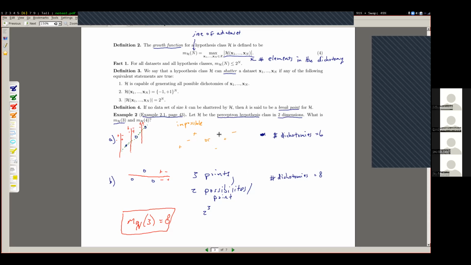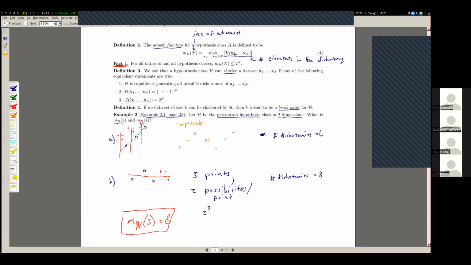Okay, then a fact right here, something that we're not going to prove formally, but something that you should keep in the back of your mind, especially for true-false sorts of questions about these hypothesis classes, is that the number of dichotomies for any particular number of points n is going to be less than or equal to 2 to the n. So why is that the case?